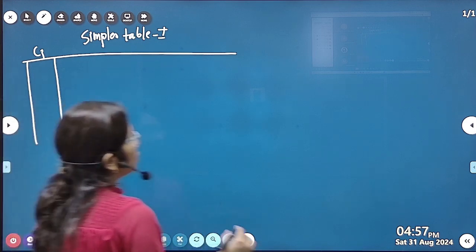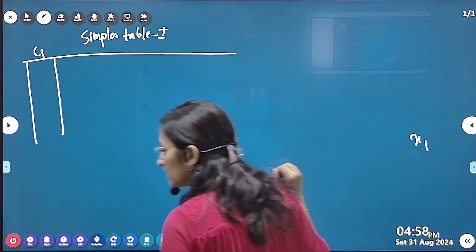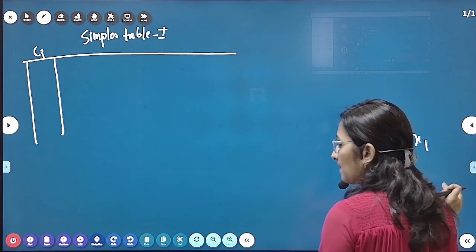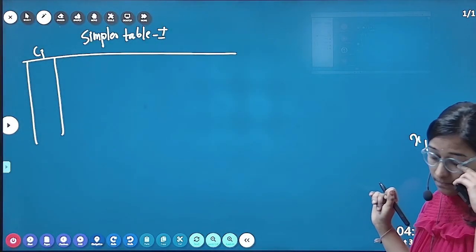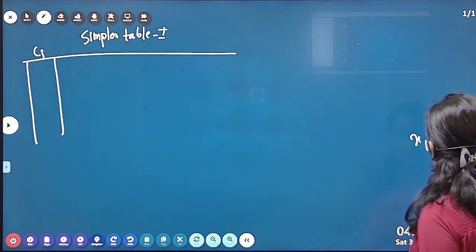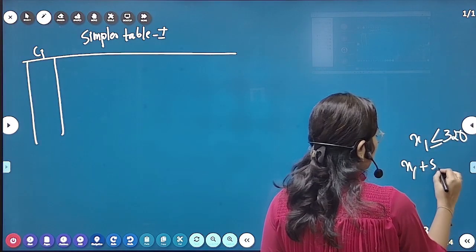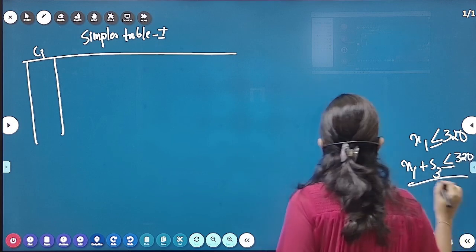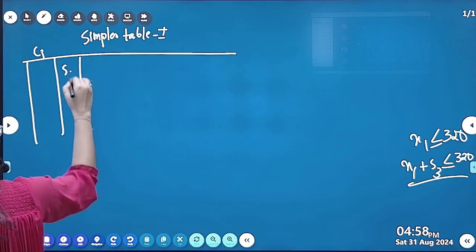Which symbol comes here, less than or equal to or greater than or equal to? Cannot be more than means it should be less than, so less than or equal to 320. And in formulating the simplex method, we put S3 with 320. So this is the third constraint. So the slack variables will be S1, S2, S3.